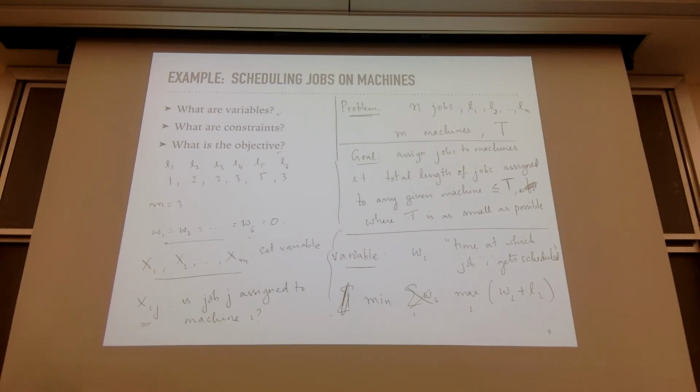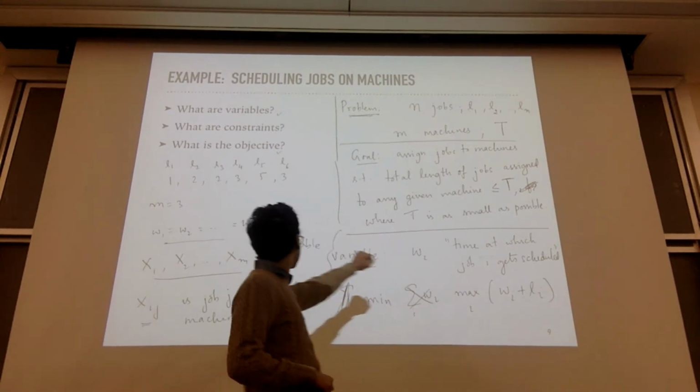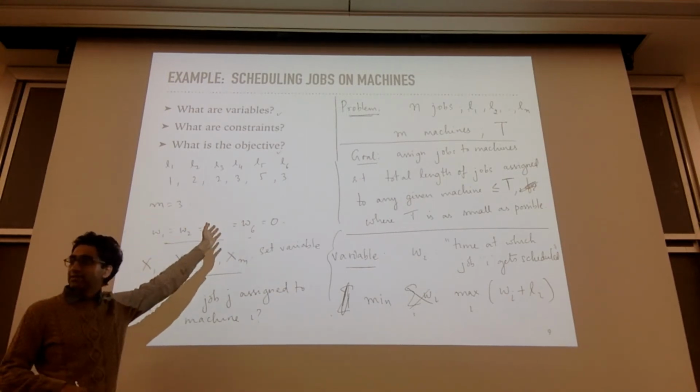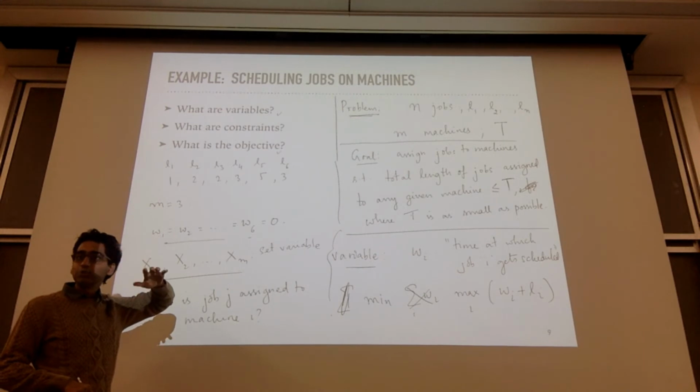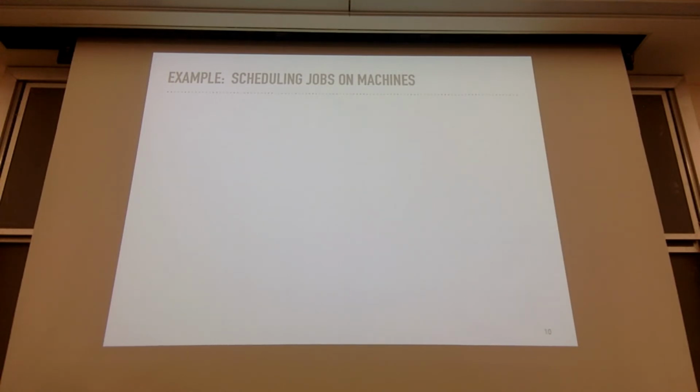We stopped thinking about set variables because it seems hard to impose constraints so that you avoid bad cases. At least I don't know how to easily impose constraints using those kinds of variables. So let's try with these variables, which look reasonable. The variables are x_ij, just 0, 1.